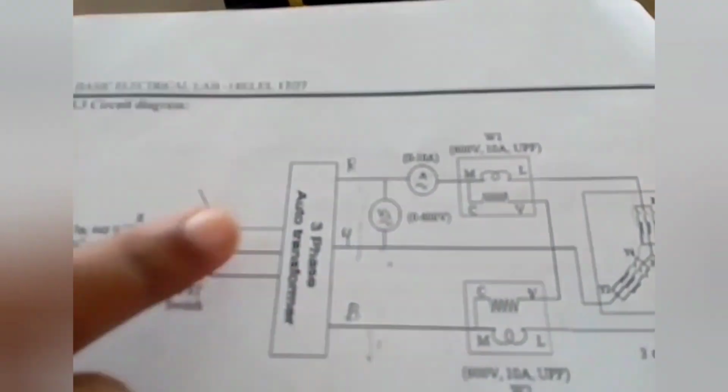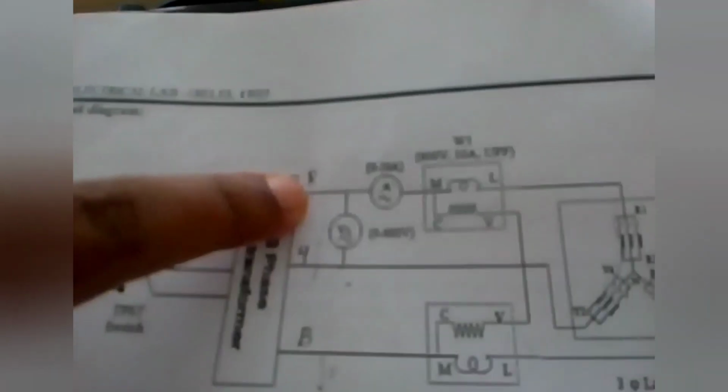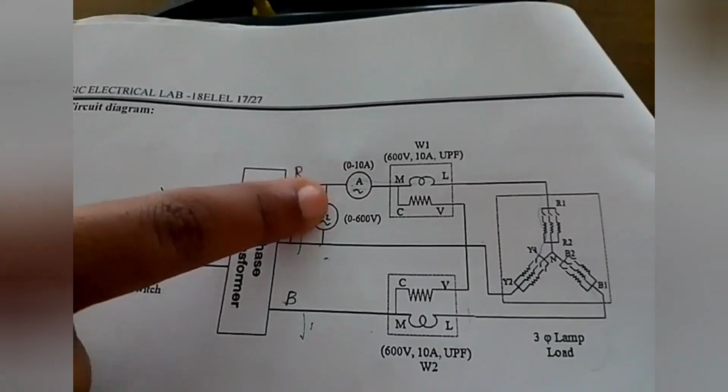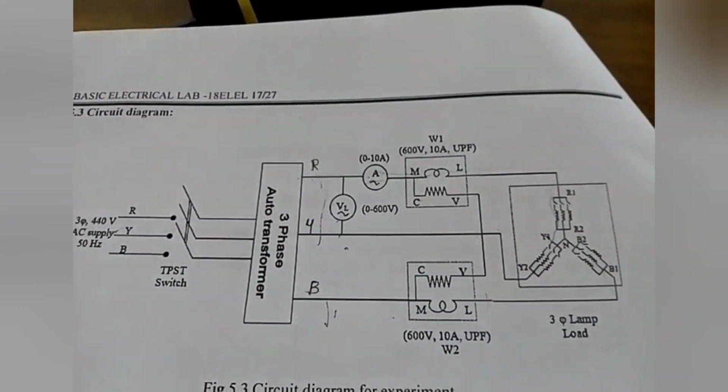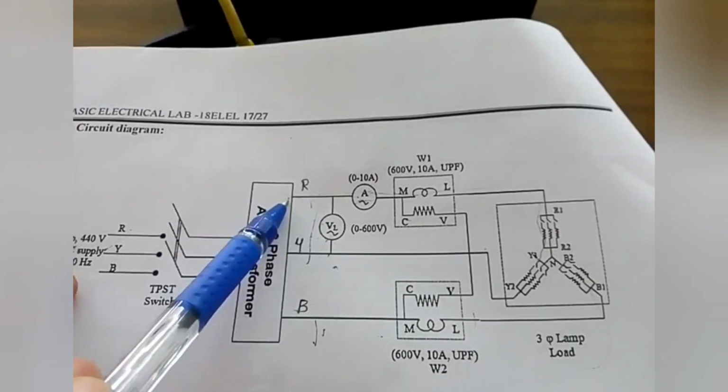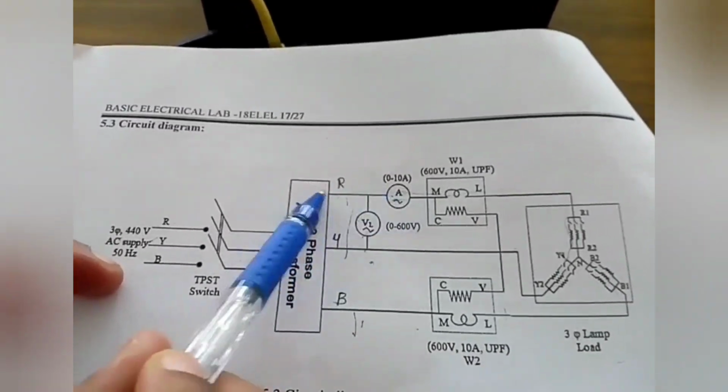So we can observe here in the circuit, from the R phase of the auto transformer, one end is given to the ammeter and the other end is given to the voltmeter.